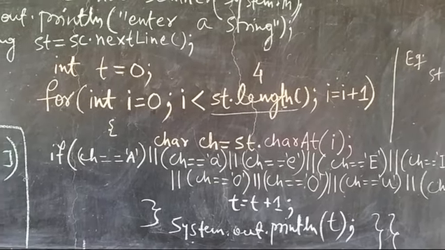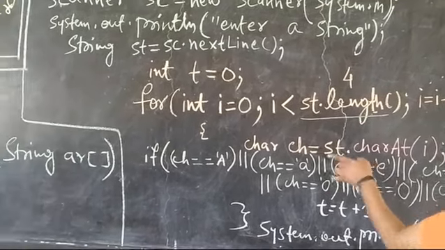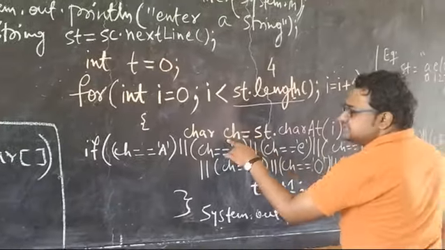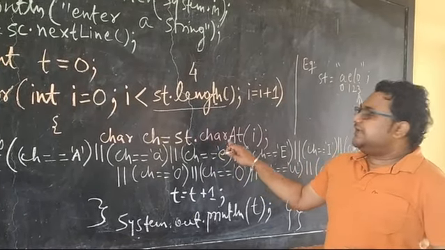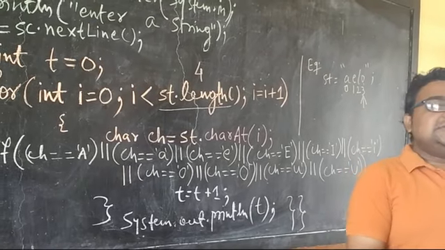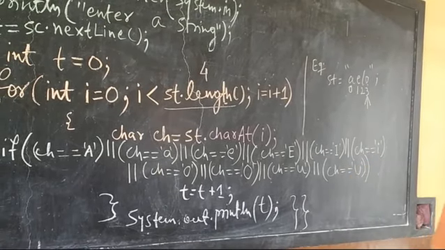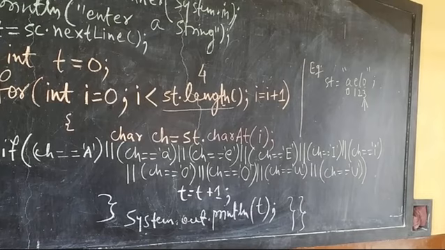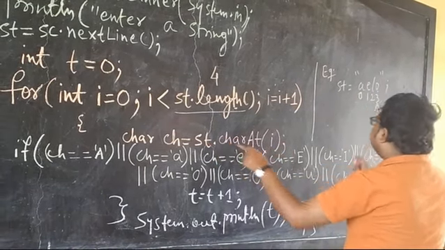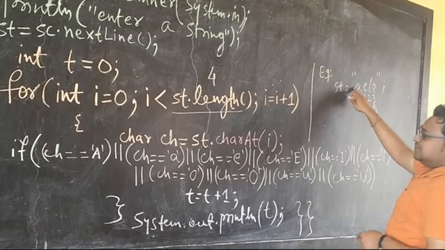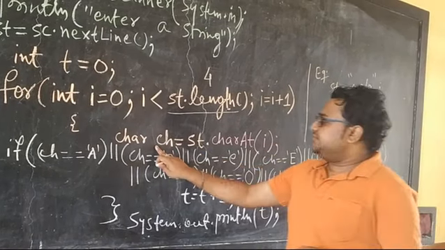After the for loop, I use one variable. The variable name is ch, and I applied the charAt function. charAt is used to take out one character. So the first value of i is 0, and in st, what is the value? A. So A is the value of ch.